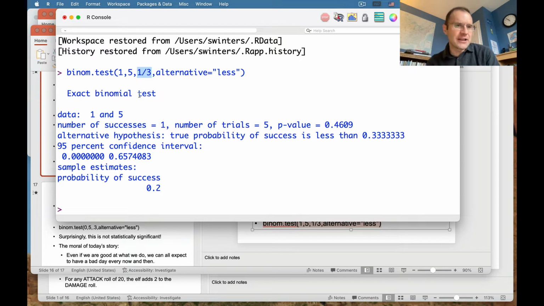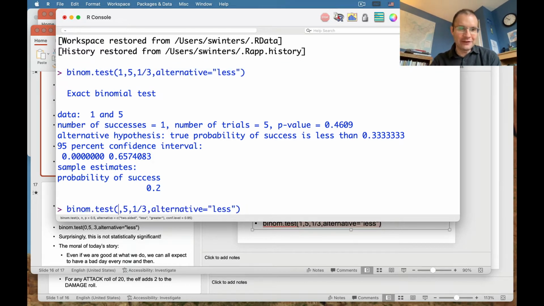What was kind of funny about that is that in a given baseball game, you get 5 at-bats, which is a typical thing you can expect, especially if your team's doing pretty well. But the funny thing that happened was that, unexpectedly, I tried this with an 8 out of 40 success rate.